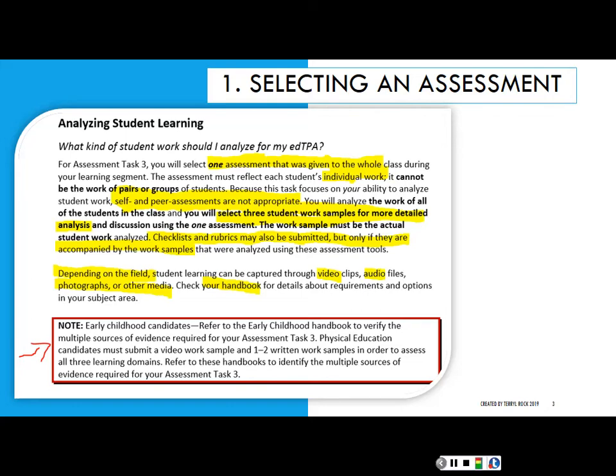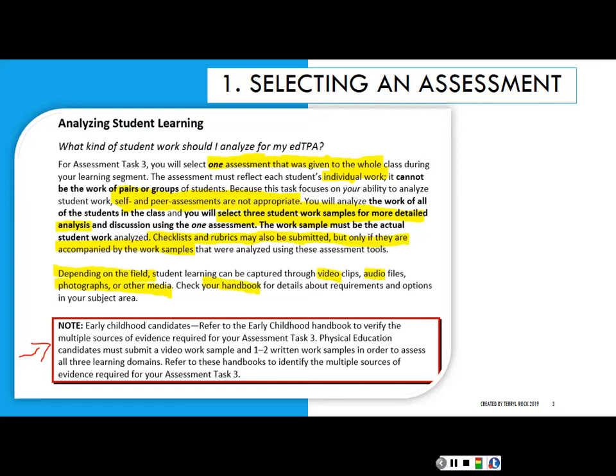This assessment needs to reflect each student's individual work, and it cannot be the work of pairs or groups of students. That's important. And because the task focuses on your ability to analyze work, peer assessments and self-assessments don't work for this.